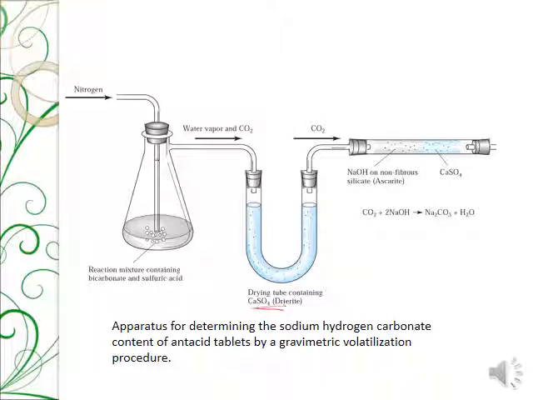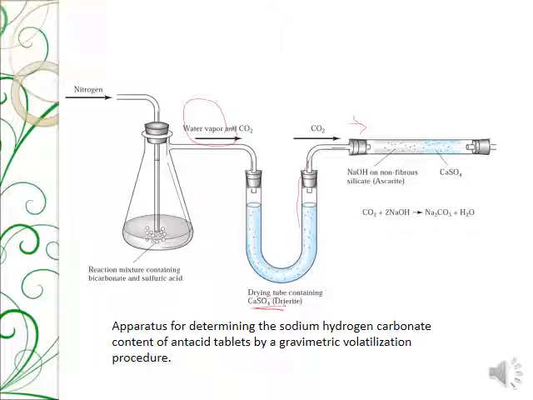and this will absorb water vapor, because it's a drying tube. So it will let carbon dioxide through, and it proceeds into another tube containing sodium hydroxide on non-fibrous silicate, which is called Ascarite, and also calcium sulfate.